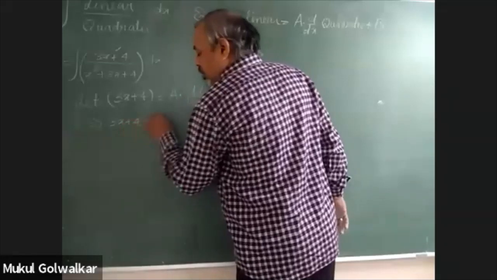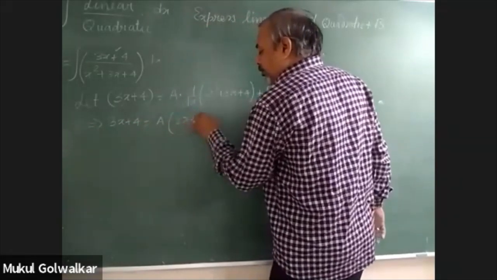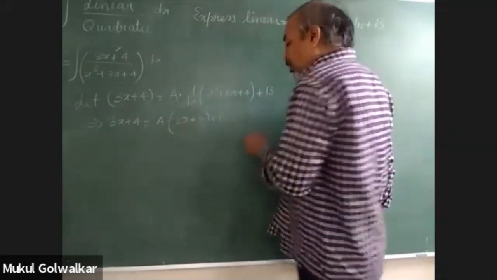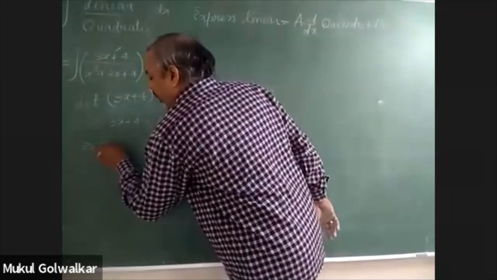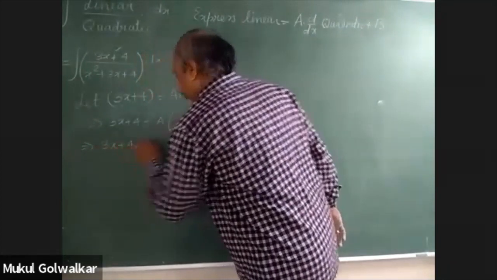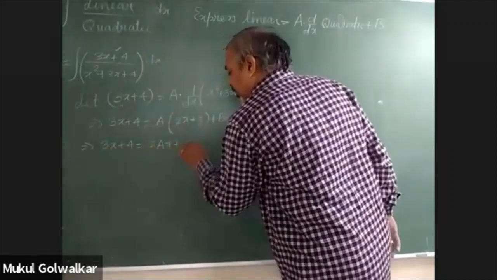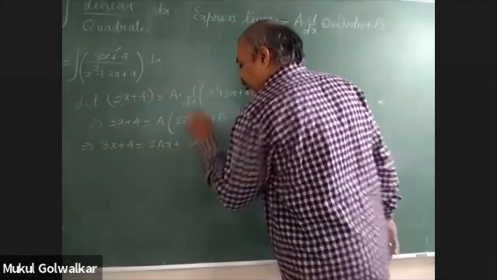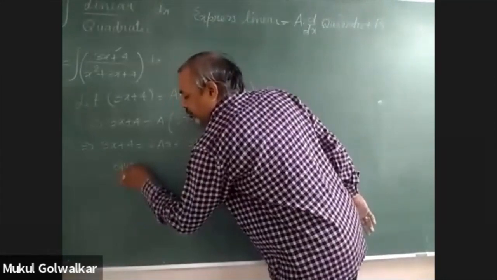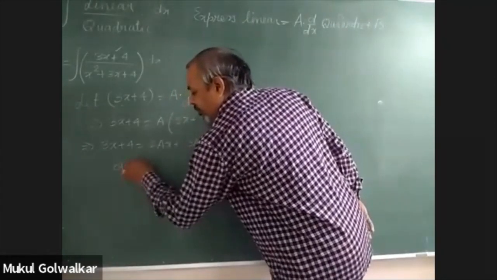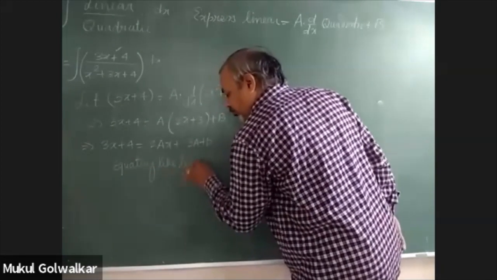3x plus 4 is equal to a into the bracket 2x plus 3, plus b. That will show me 3x plus 4 is equal to 2ax plus 3a plus b. Okay, and then we write, equating like terms on both sides.